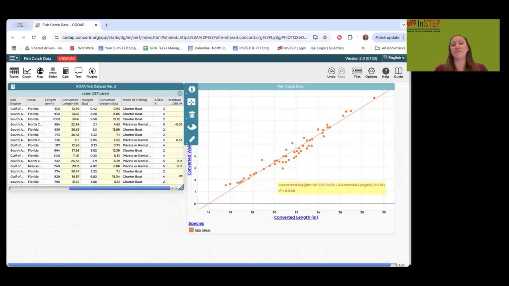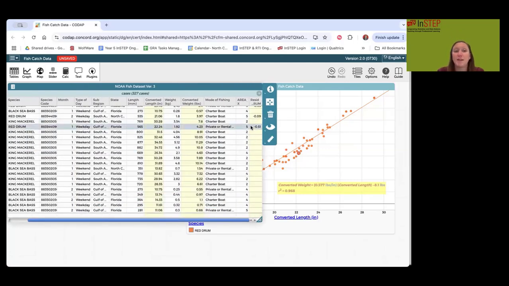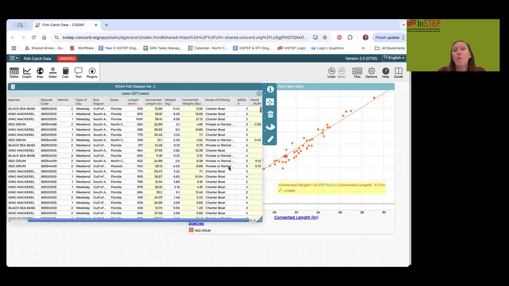And what you notice is in some of the rows, we have a calculated value. And if I make my table a little bit bigger, you can see that all the rows with calculated value are our red drum rows. And so if we think about what one of these values mean, this negative 0.55 here, when we click on it, we can see it shows up on our graph and it's below the line, which is what we would expect because we are subtracting our observed minus what would be predicted by our line for the weight.